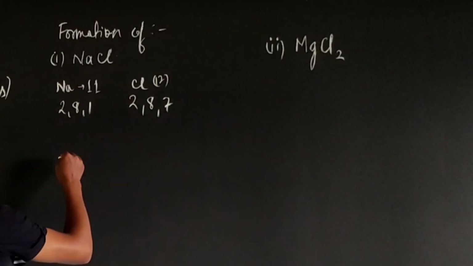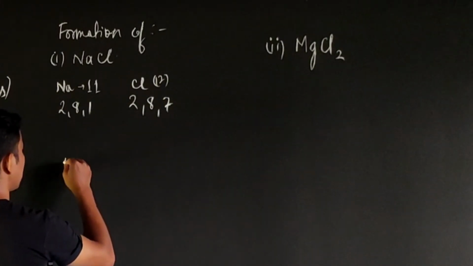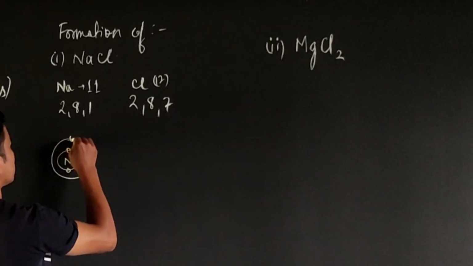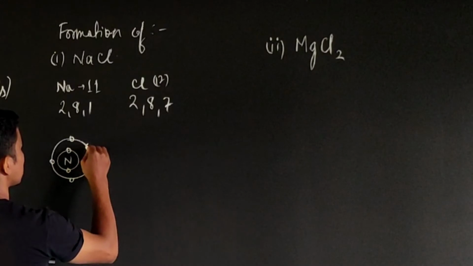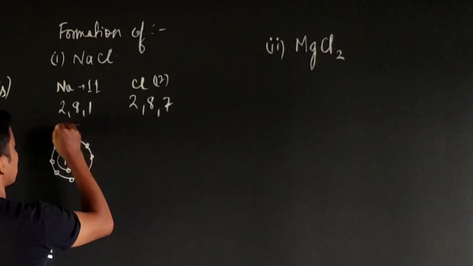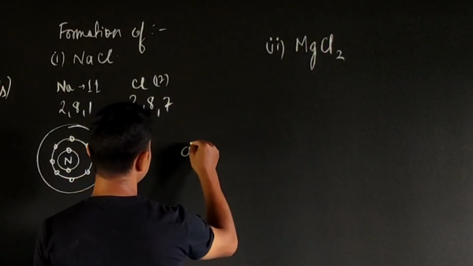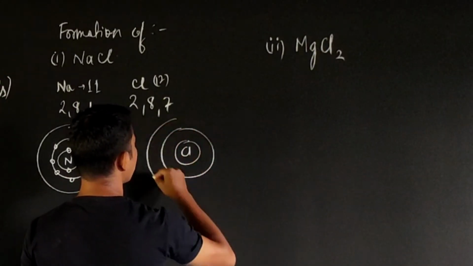So we can draw the electron dot diagram as follows, with sodium having 2 electrons in the innermost orbit, and then the chlorine.